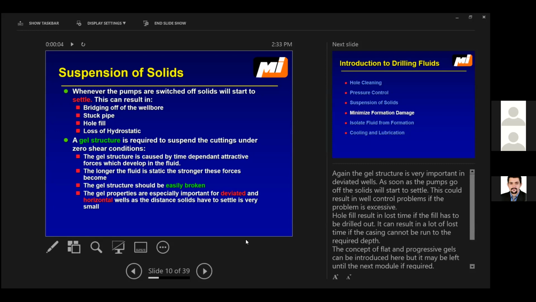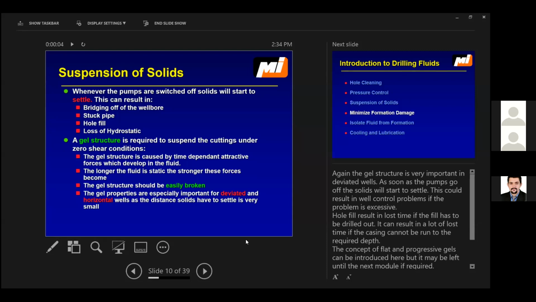Gel structure is caused by time-dependent attractive forces which develop in the fluid. The longer the fluid is static, the stronger these forces become.